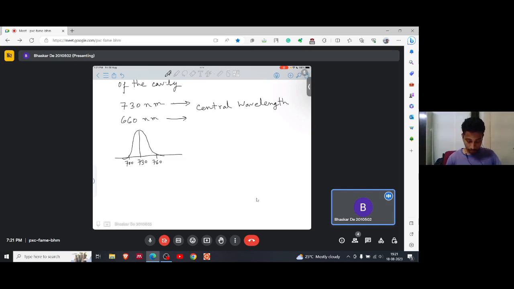So it is around 60 nanometer. That means that the line width is around 60 nanometer, but the most dominant one is the 730 nanometer.